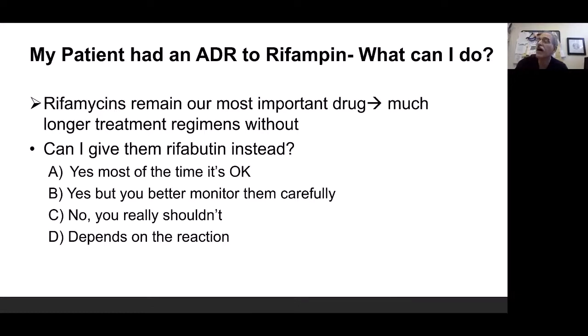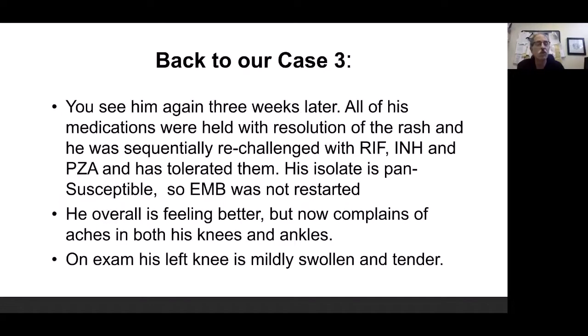The success rates are significantly lower for some of the severe dermatologic reactions, but not zero. So if you do it, you have to monitor them carefully, and this is where you would want to consider getting some expert advice. All right, so we're going to just finish up our case 3, who has another problem.